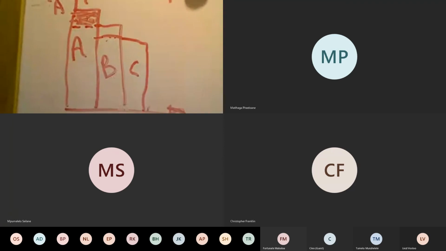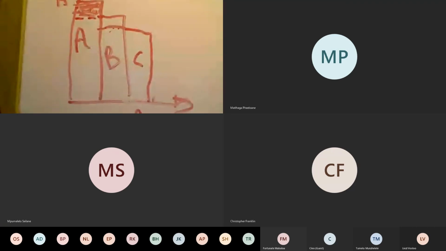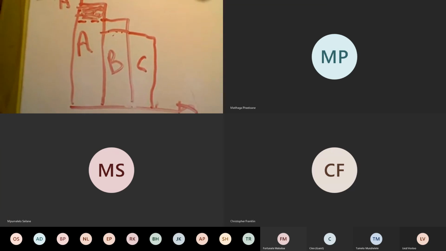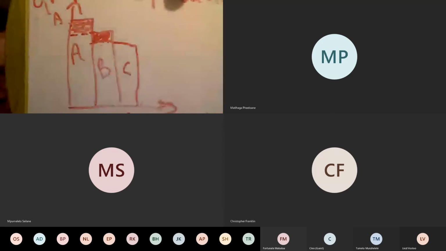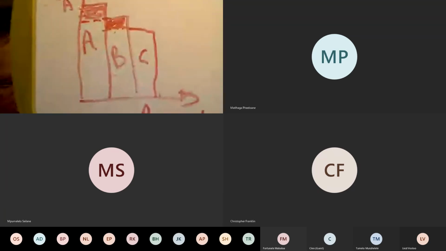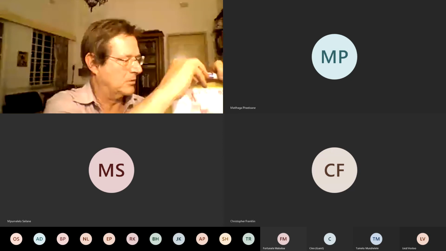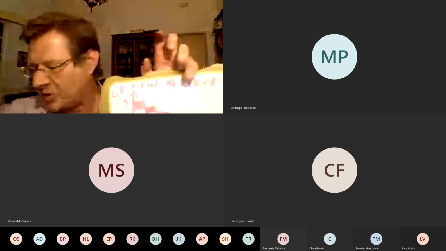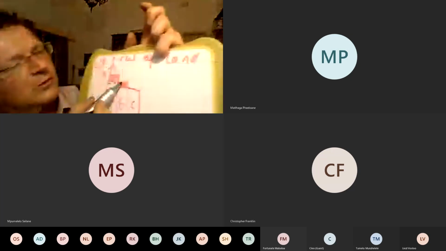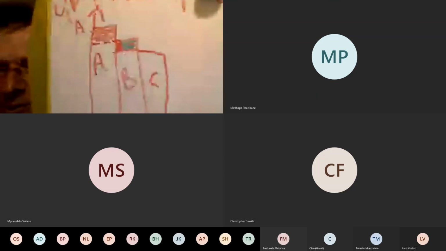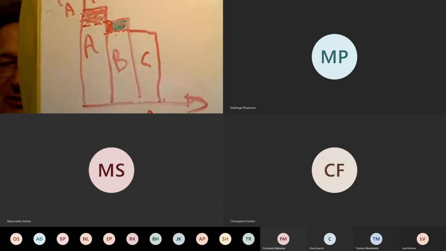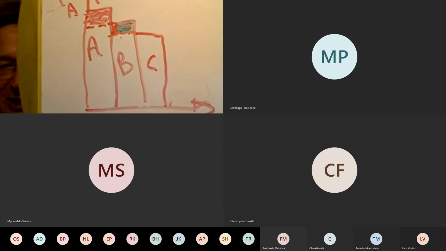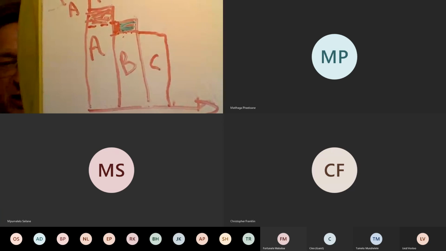The difference in output produced on parcel B compared to parcel C. In other words, he'd be willing to pay this amount of rent, the green shaded area equivalent of rent for parcel B.